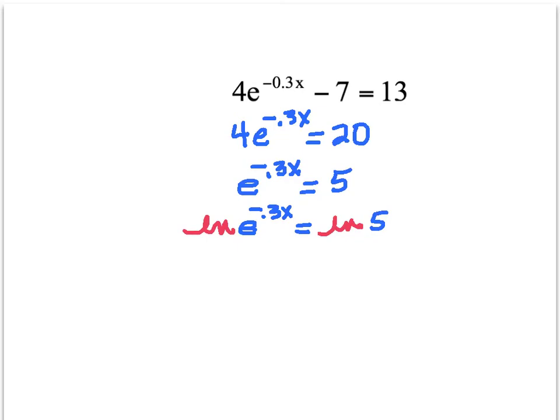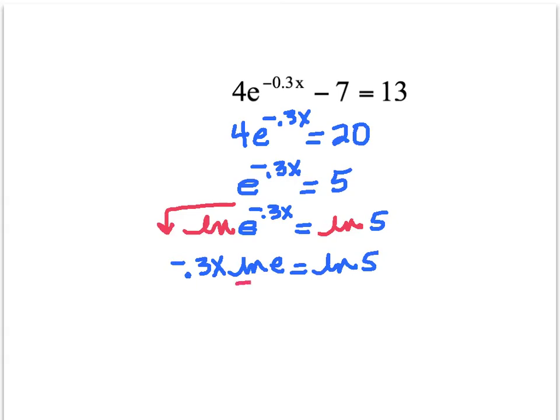Now I'm able to bring the exponent down in front, and the equation becomes negative 0.3x times the natural log of e being equal to the natural log of 5.